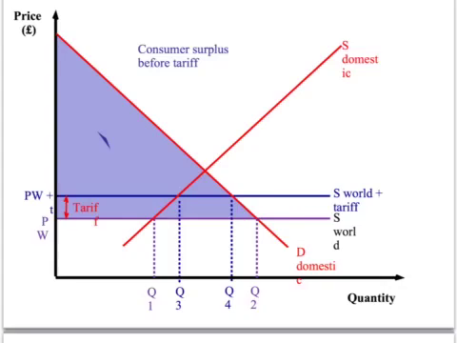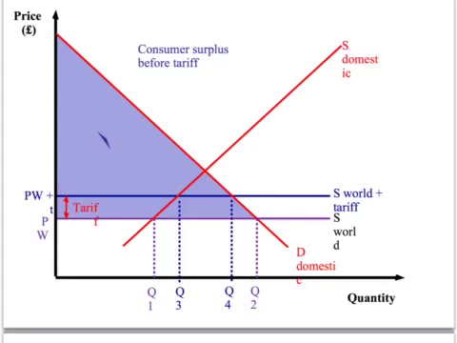We need to answer the question, who gains and who loses from this imposition of the tariff? But we do this purely from the perspective of the UK, so ignoring any gains or losses from foreign suppliers. In this diagram, we can see the consumer surplus that was earned before the tariff was imposed.